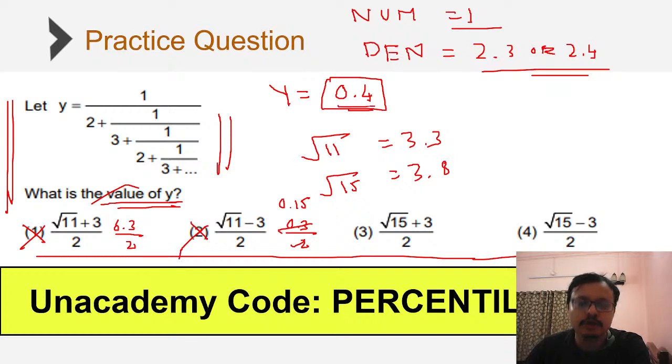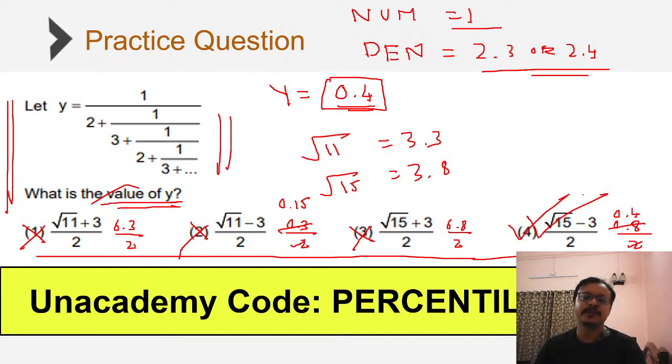The answer should be close to 0.4. The third one is saying 3.8 plus 3, that's 6.8 by 2, which is again much greater than 1. The fourth option is saying 3.8 minus 3, that's 0.8 by 2, which is approximately equal to 0.4. Hence the answer should be option D, that is root 15 minus 3 by 2.